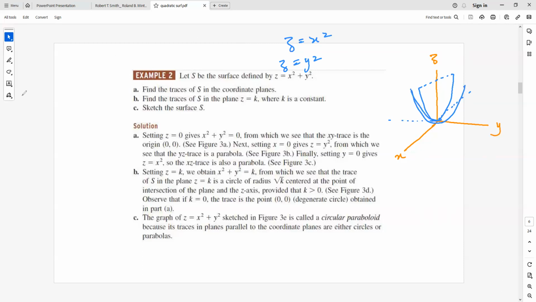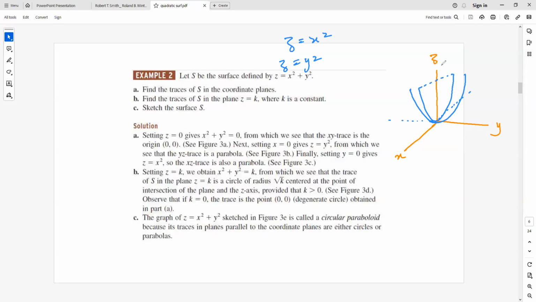Passing through the origin. So let's make it more clear. So it will be like this. All right, now we just need to draw it. We need to make some more drawings on it.